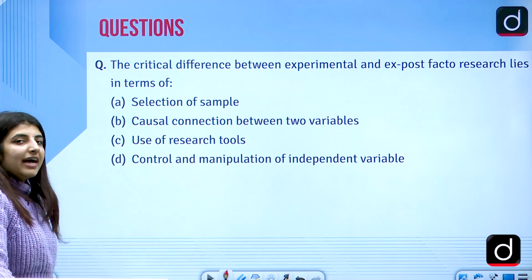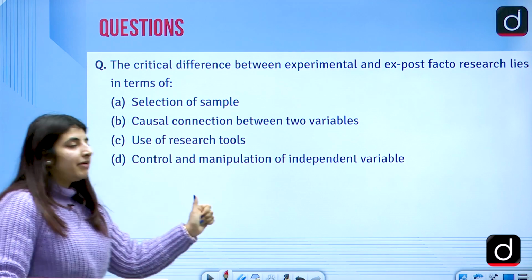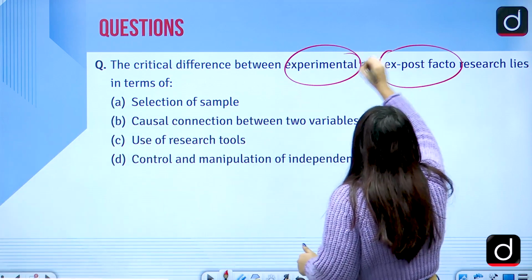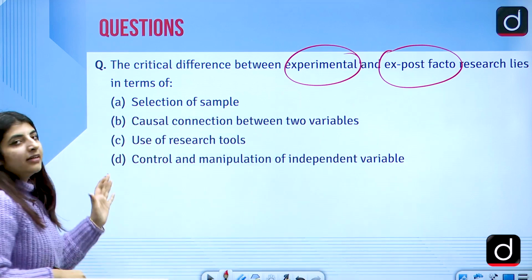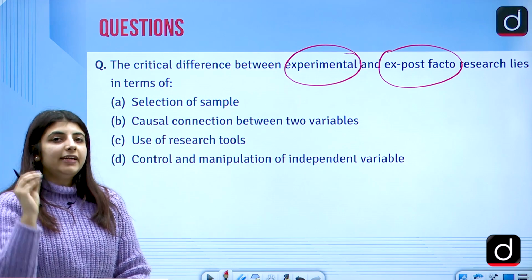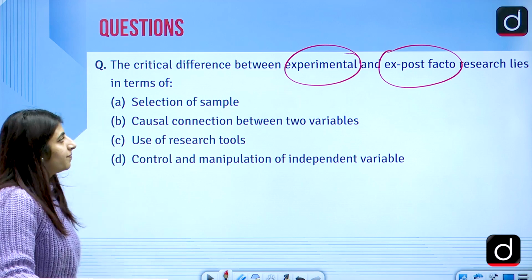Another question that we have here is the critical difference between experimental and ex post facto, two really very important types of research, in terms of what? So pause your screens, look at the options really carefully, because we are going to study these two types correctly here only.